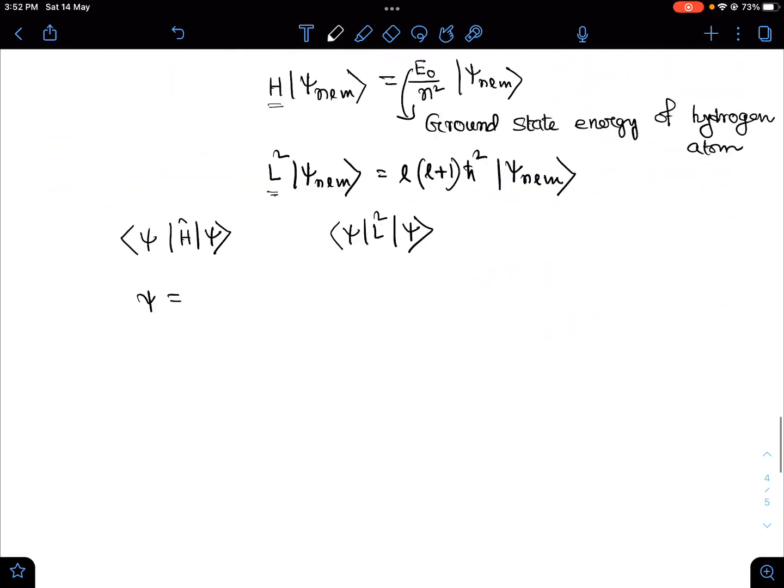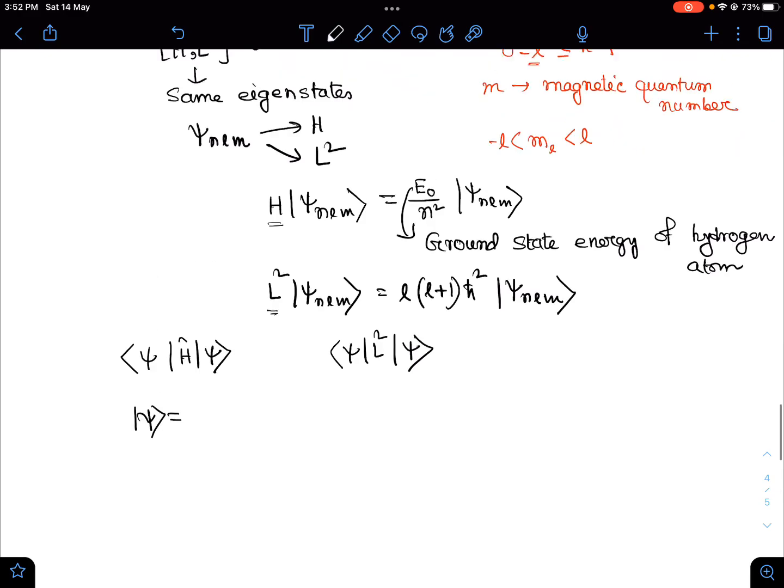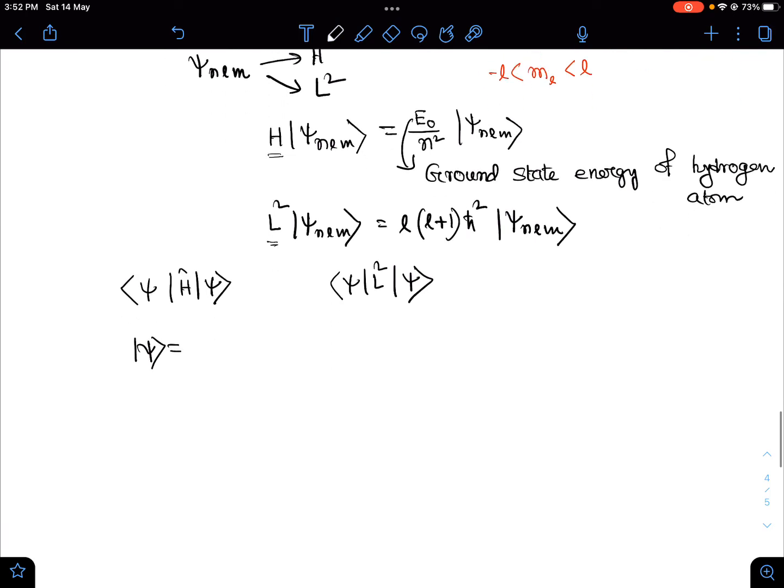So what is our given state of the system? Let us write this in bracket notation. It is root under 2 by 7 times |100>. I'm writing psi 100 as |100> for convenience.